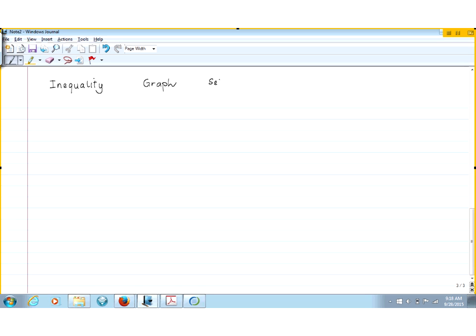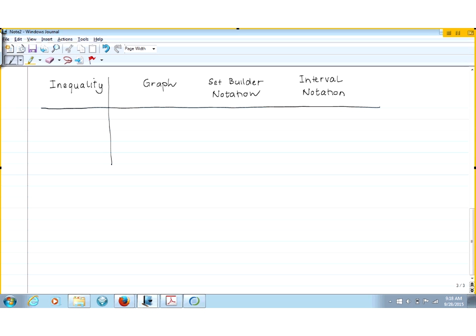Graph. And then set builder notation. And interval notation. All right. Okay, so the inequality is x is less than negative 2.